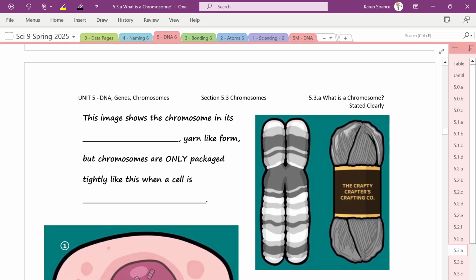So here we have this one. This is the chromosome in its, and I'm going to introduce a new word here, condensed. And what does condensed mean? To condense means to tightly coil up.